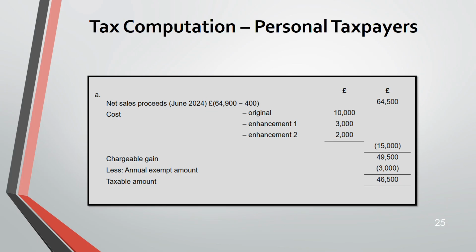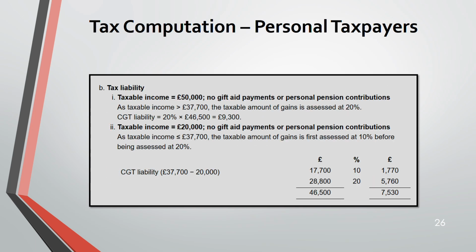So this is the answer for activity 1, where we have got the taxable amount 46,500. Using this, we calculated B when the taxable income was 50, so it was more than the basic. So we applied the higher percent, 20%, to 46,500.